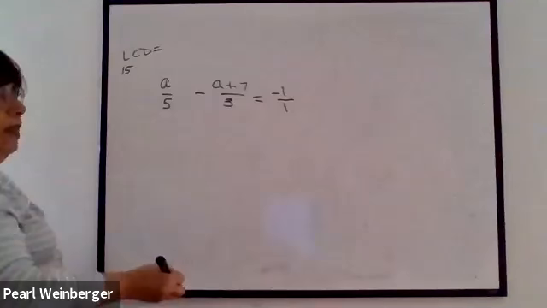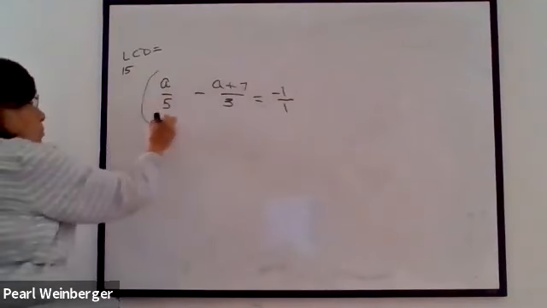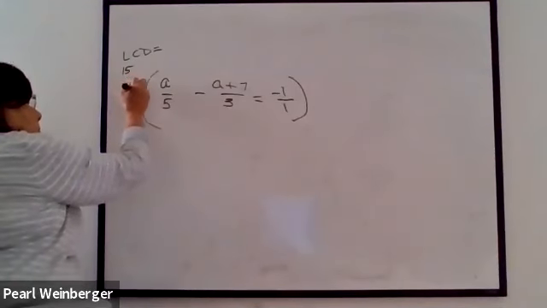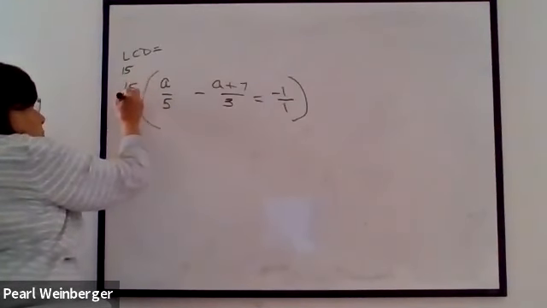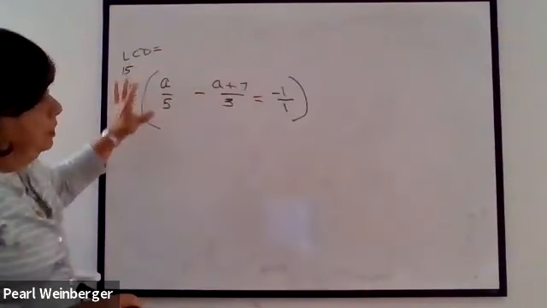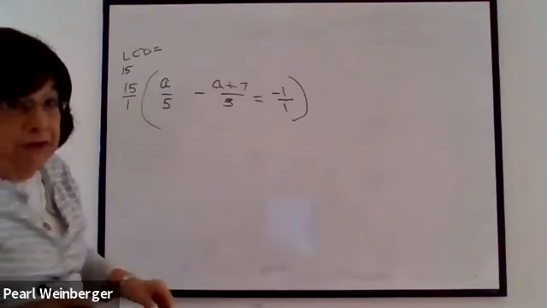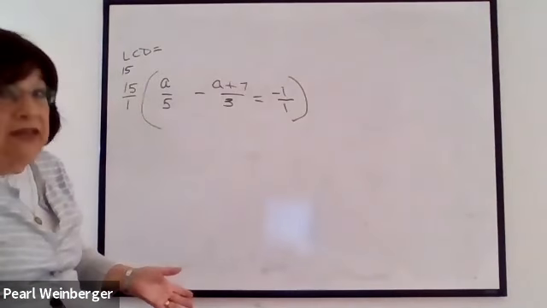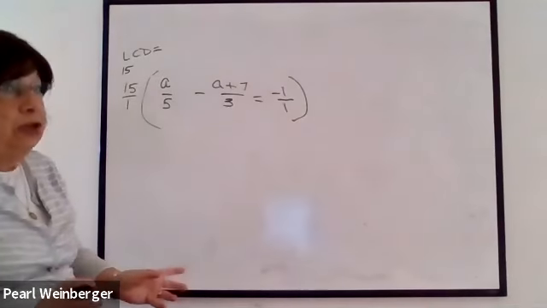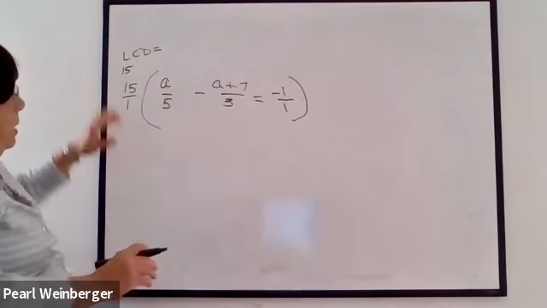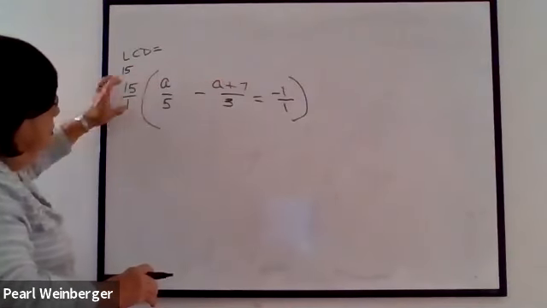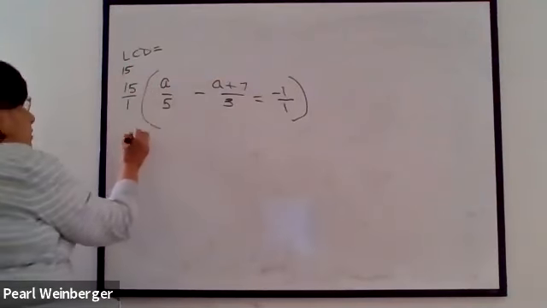So what you do with that least common denominator is multiply your whole equation by that common denominator over 1. Since we're multiplying both sides of the equation by the same number, 15 over 1, it's not going to change my equation. It's going to make it simpler. I have to distribute this 15 over 1.